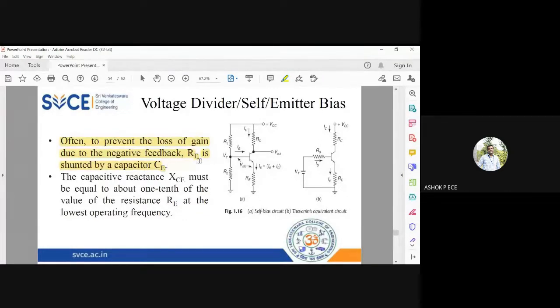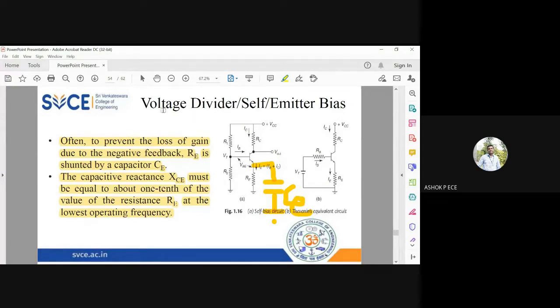Usually, parallel to RE, you will have a capacitance CE. To overcome this loss, we usually add a capacitance in parallel to resistance RE. That is called a bypass capacitance, and the capacitive reactance will be 1/10 of resistance RE at the lowest operating frequency. That is how you design the value of the capacitor.